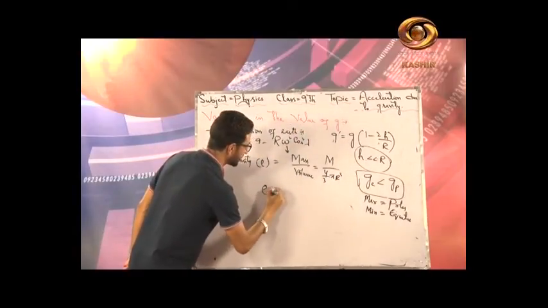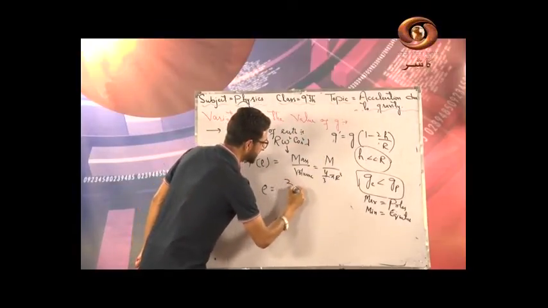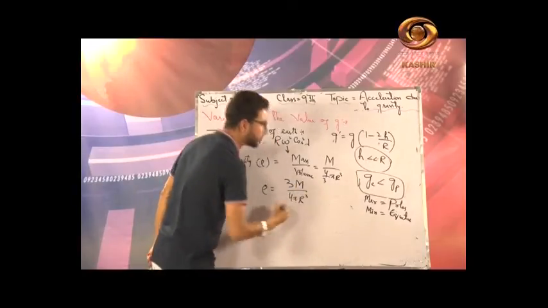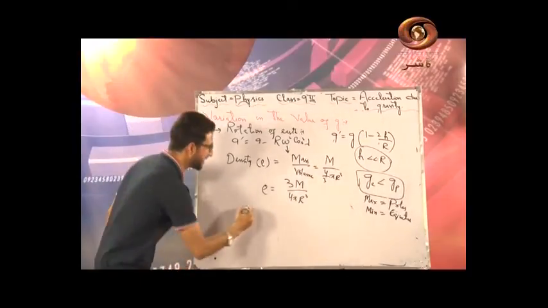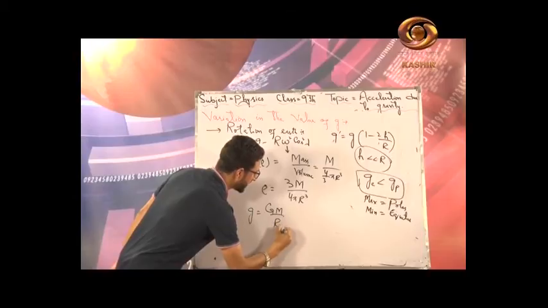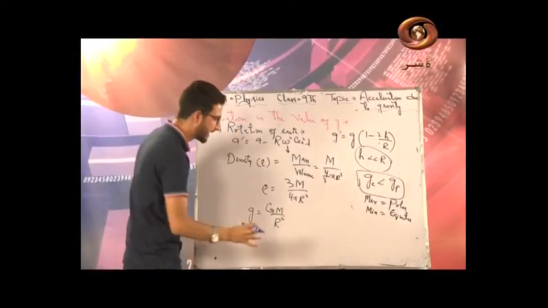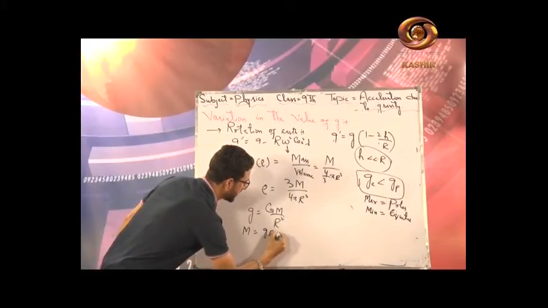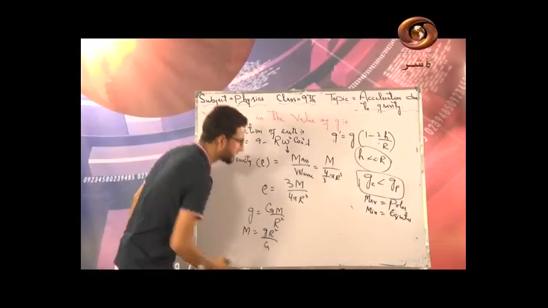So density rho is 3M divided by 4 pi R cube. Now I derived the expression for small g, that is equal to GM divided by R square. Take out M from this: M is equal to gR square divided by capital G.